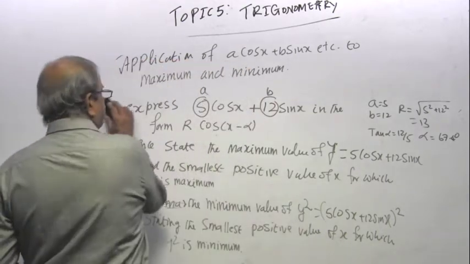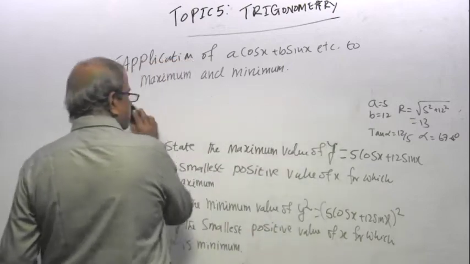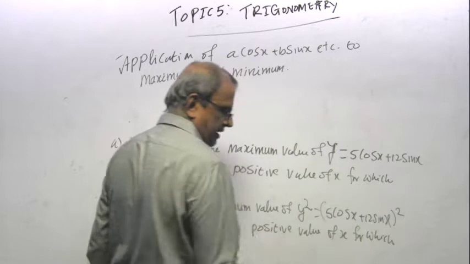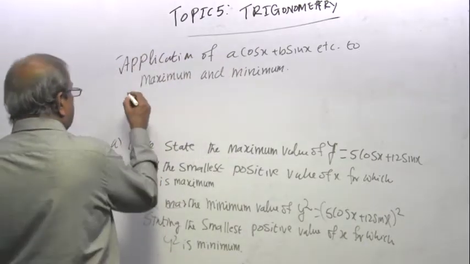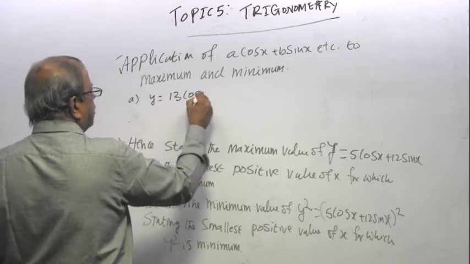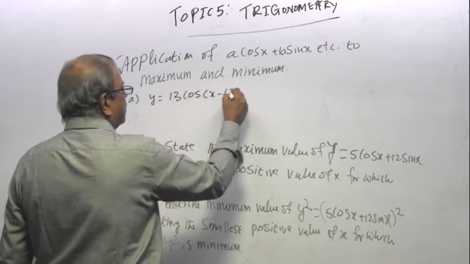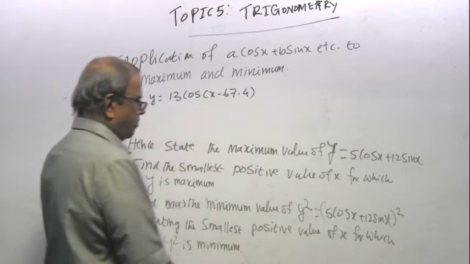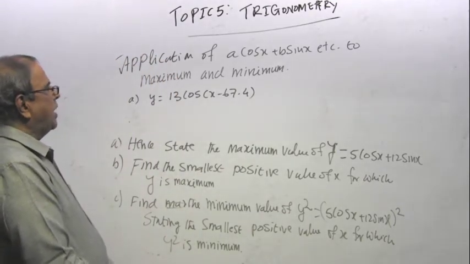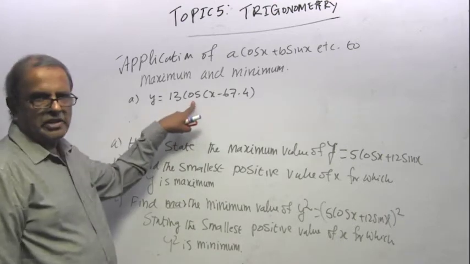Okay. So that's what I will use now. I've shown you this, I've given you in the last lesson. So therefore, I can say for part A, y equals 13 cos(x minus 67.4). It says state the maximum value of y. Look, that's a cos function.